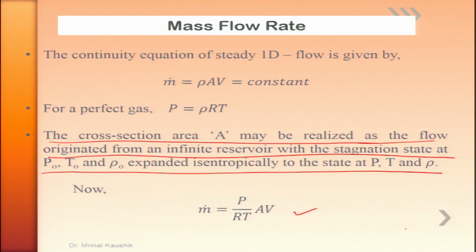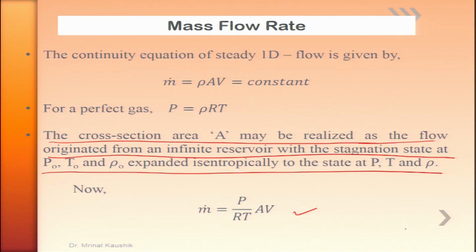Now, we have just said from a convergent and divergent nozzle that the throat is the point where the mass flow rate is maximum. Now, let us investigate what that mass flow rate is. In this analysis we are considering only one-dimensional flows in the duct, whether it is a convergent or a convergent-divergent nozzle or even a diffuser.